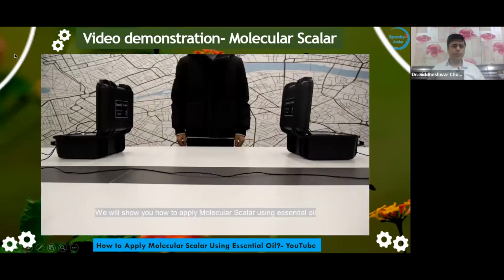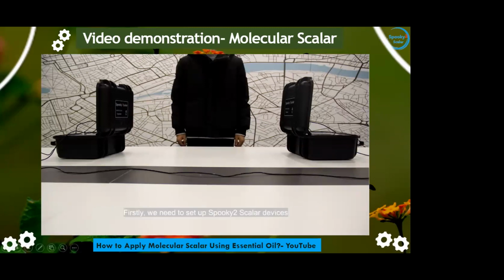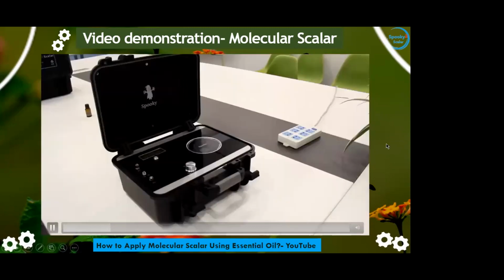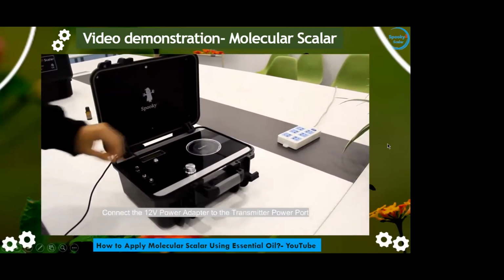We will show you how to apply molecular scalar using essential oil. Firstly, we need to set up Spooky2 Scalar devices. Connect the 12-volt power adapter to the transmitter power port.